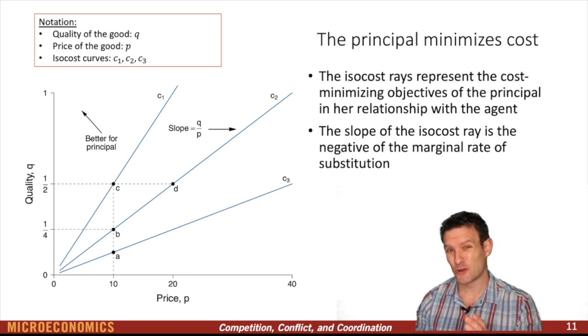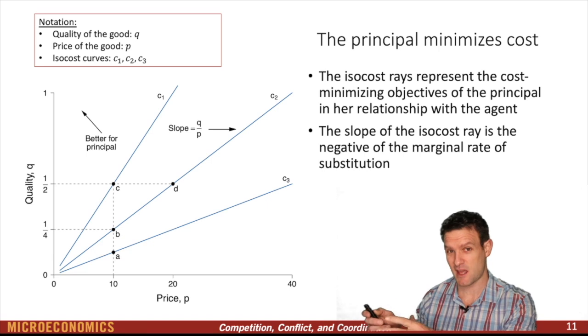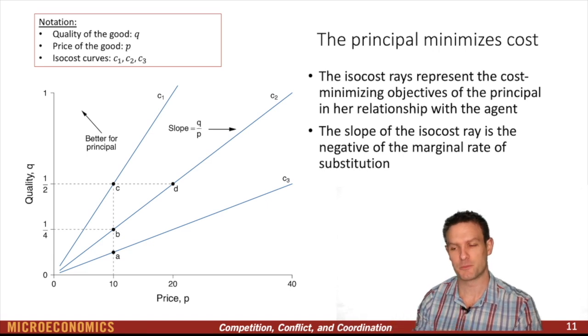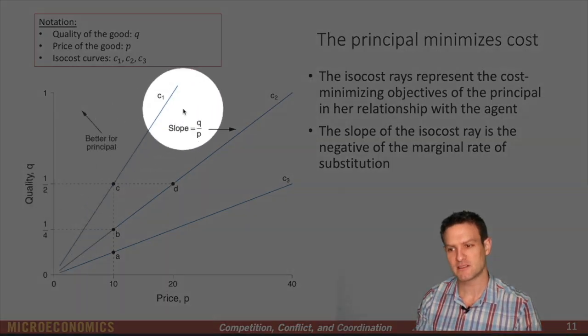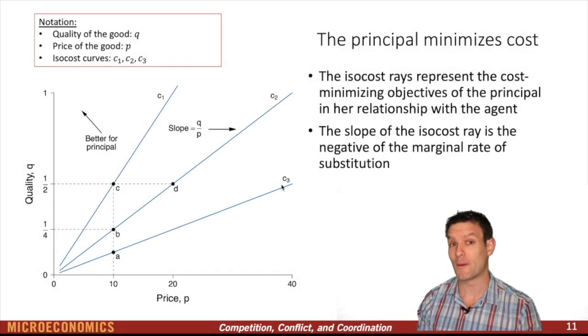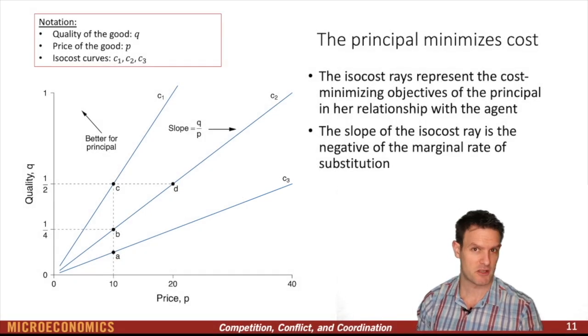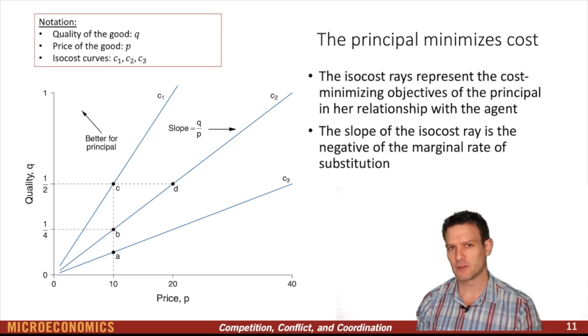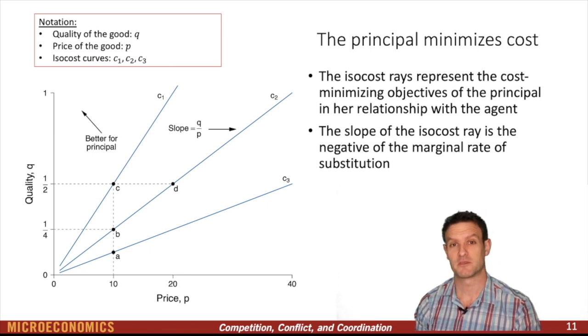We are now going to proceed to the next step, and the next step is going to be incorporating these isocost curves, C1, C2, and C3, into what we had previously with the agent's best response function. And what are we going to see there? The principal is going to take the agent's best response function as the constraint on her maximization process, or as the constraint on her when she tries to minimize her costs.